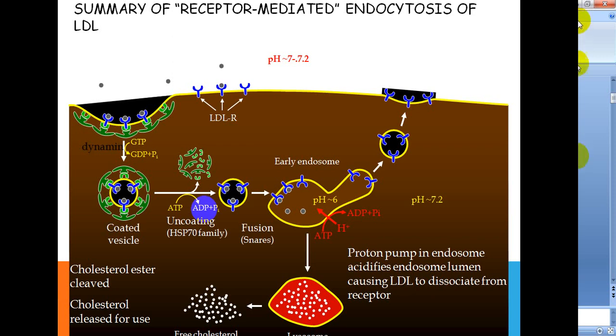These early endosomes get converted to late endosomes, where the pH decreases again, from 5.5 to 6, which again merge with the lysosome. So this proton pump in the endosome acidifies the endosome lumen, and this causes LDL to dissociate from the receptor.